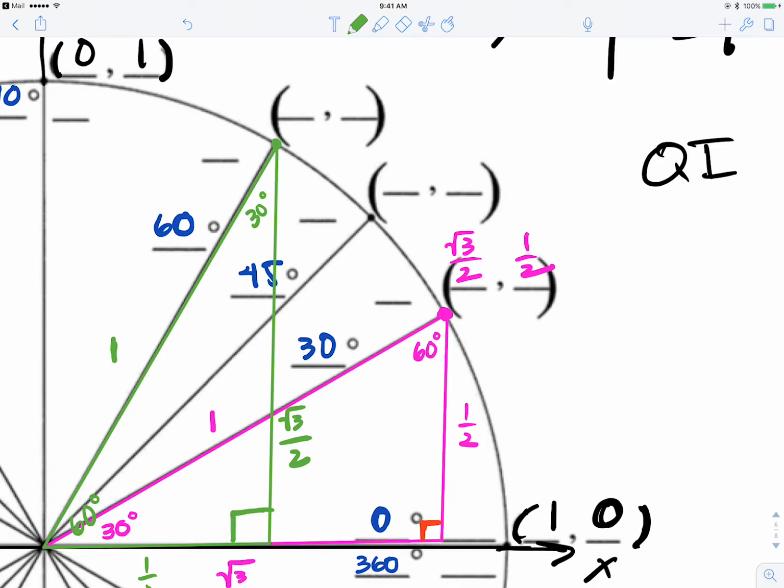So x, Carter, what will x be at this point? 1/2. Kelly, what will y be at that point?